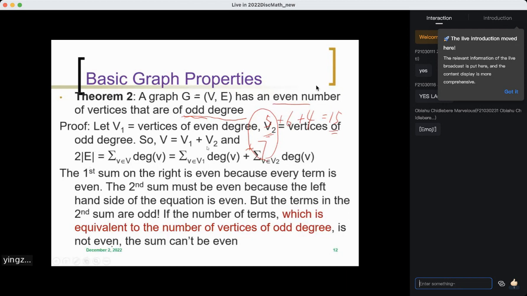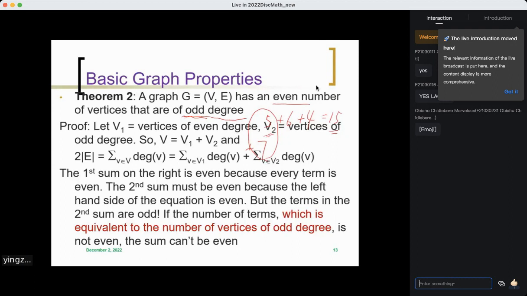The even part is no problem, and even plus the other part should also be even. So from the number theorem, we know that the number of vertices with odd degree must be even. Otherwise, we cannot satisfy this double.